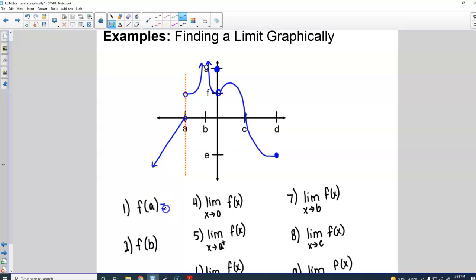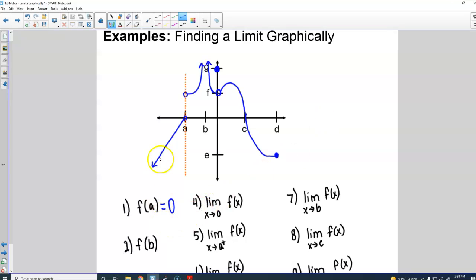It is 0. When you're looking for f of A, you're looking for the closed-in circle, which has a y value of 0 here. Make sure your answers are always coming from that y-axis. So G, F, 0, and E are our only possibilities for answers here. They're not going to be A, B, C, or D, because those are from the x-axis.